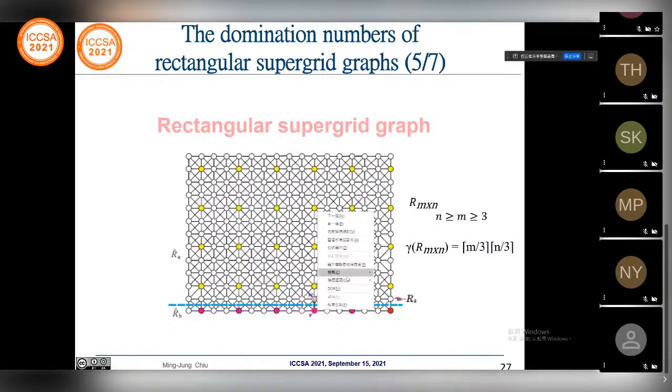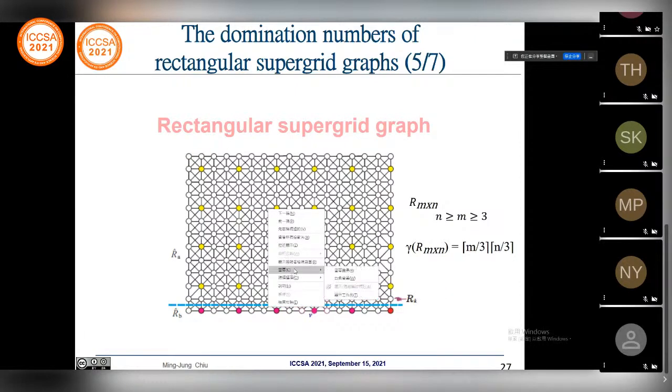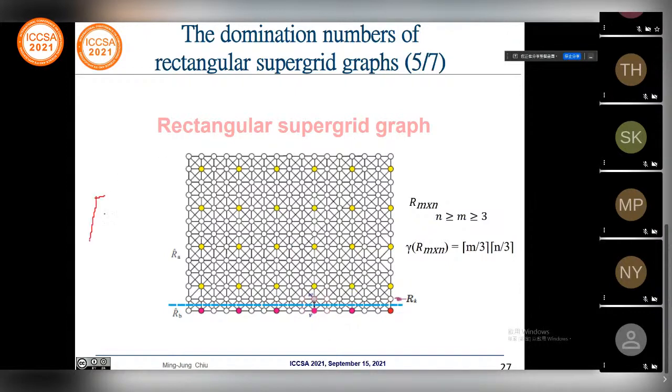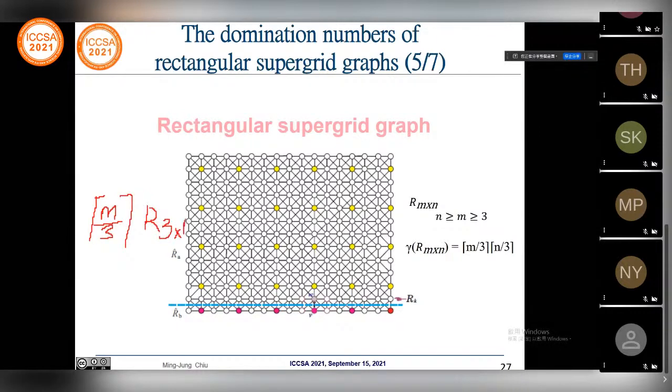So we have floor of n divided by 3 rectangular 3 by n.